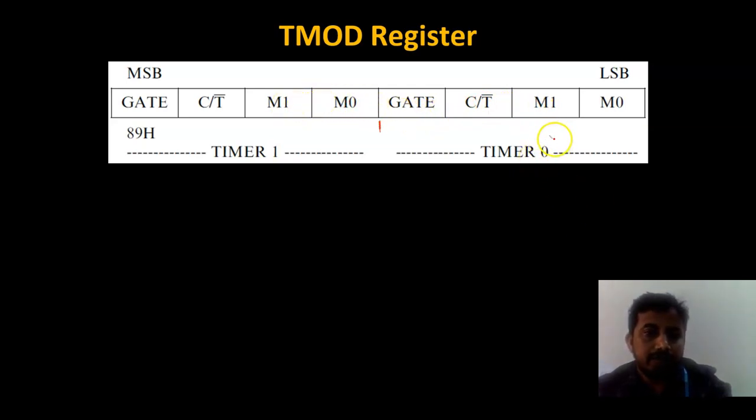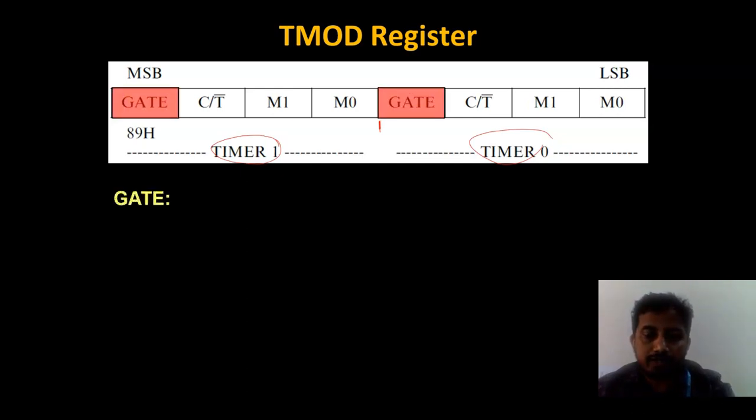This is for timer 0 and this is for timer 1. If you want to configure or run timer 0, that would be given through the lower 4 bits, and the higher 4 bits are used for timer 1.